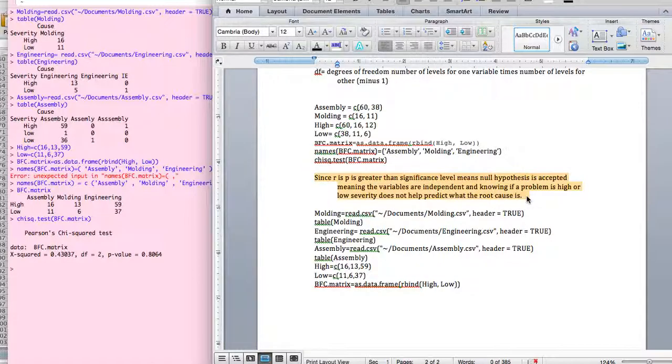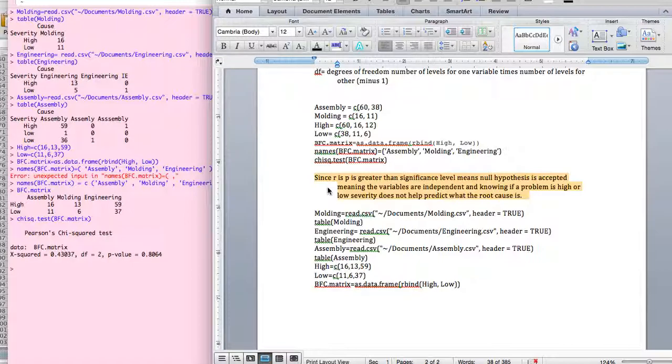So knowing if the problem is high or low severity does not help predict what the root cause is. Basically that's implying that if you know that it's assembly or engineering or molding error, then you can't automatically tell whether the problem is high or low.